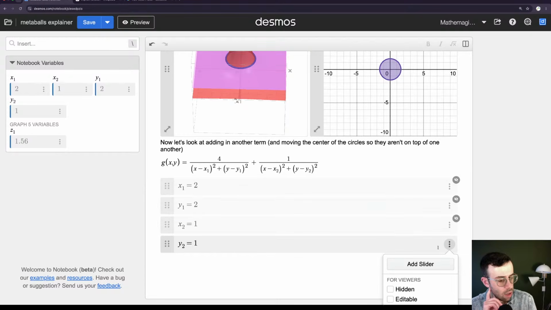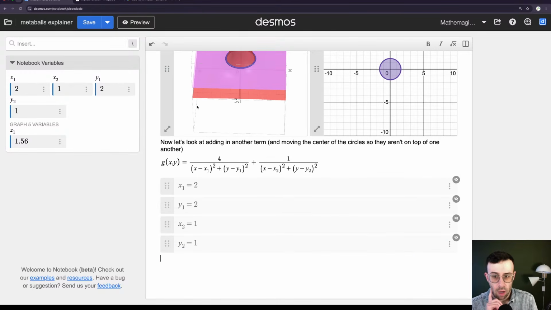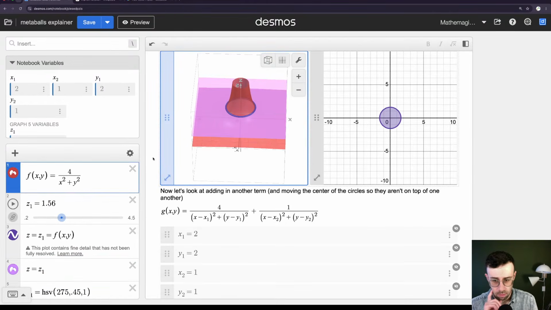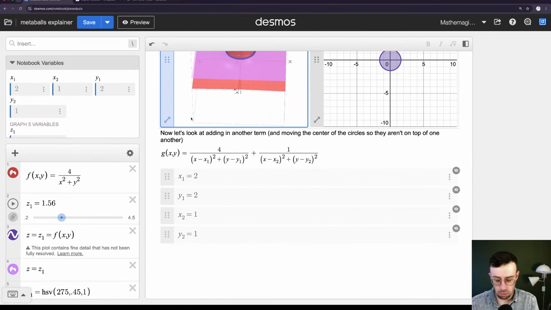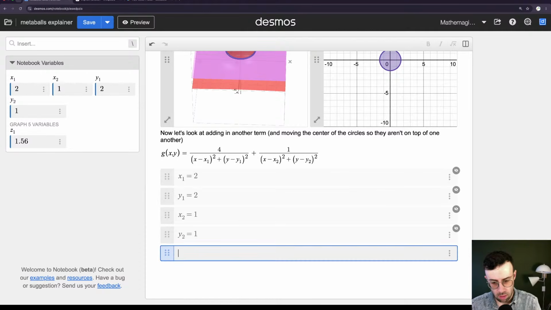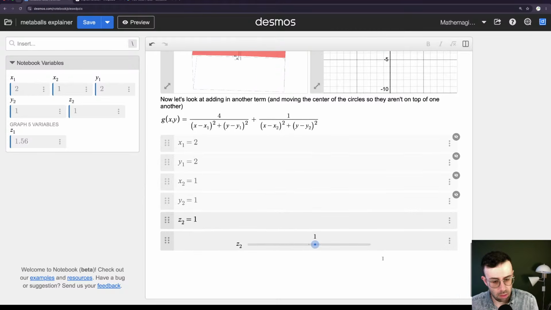Cool. Yeah, I think it's because I figured something out. All right. Now I also need to define Z2. Z2 equals 1. And we'll make that a slider as well.